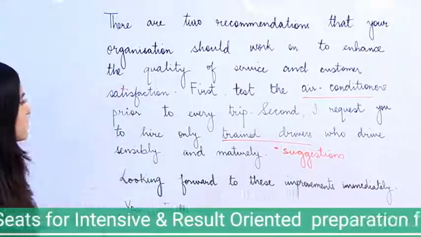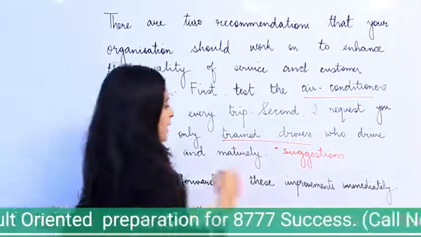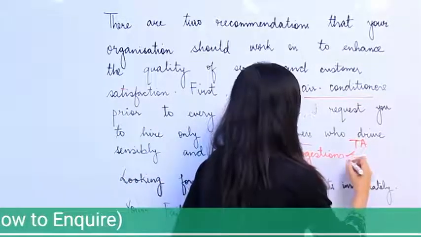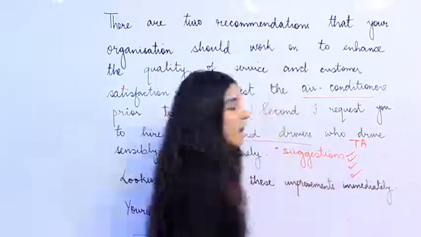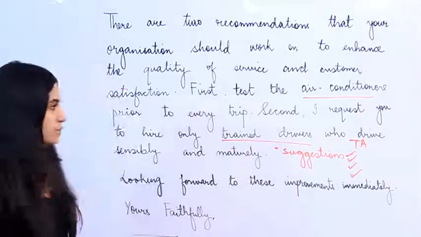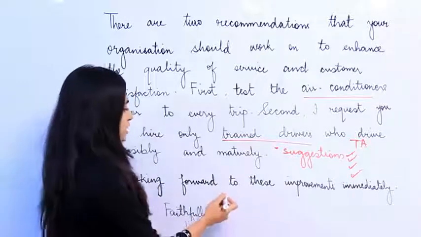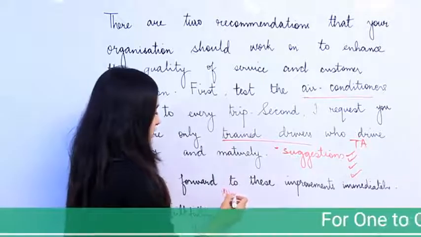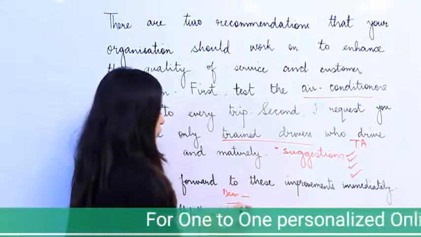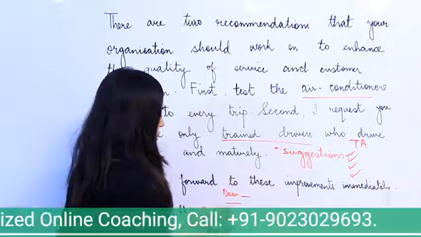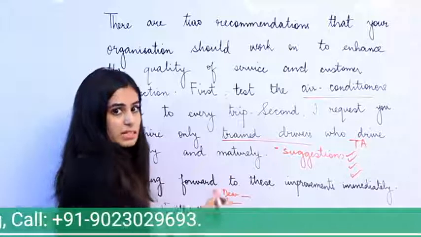So, we have completed task achievement by following all the 4 parameters similar to the other 2 types of letters, right? So, it's all done, and even in this letter, we are forming a structure in which we start with dear sir, ma'am. Then we go to the first paragraph after writing the reason of writing the letter. Then we write the second paragraph which has the second bullet point.